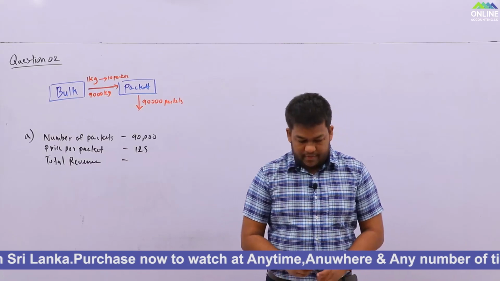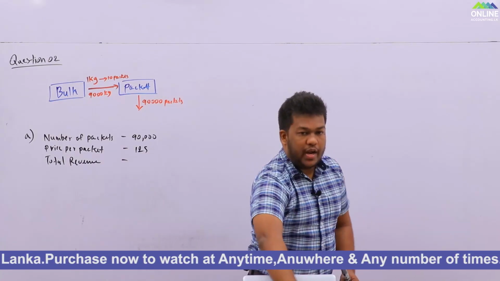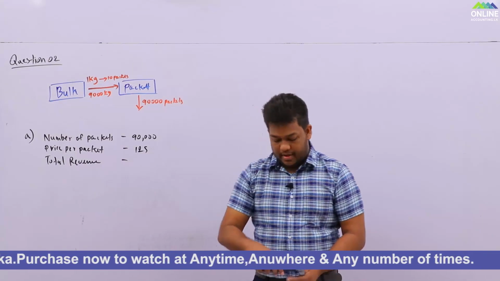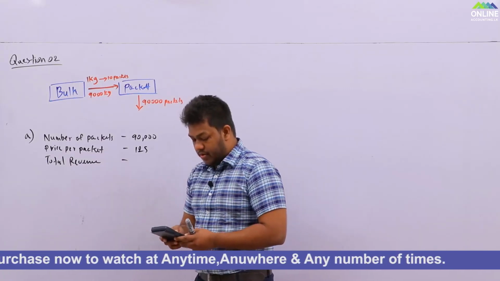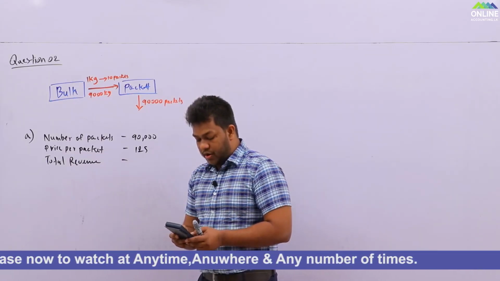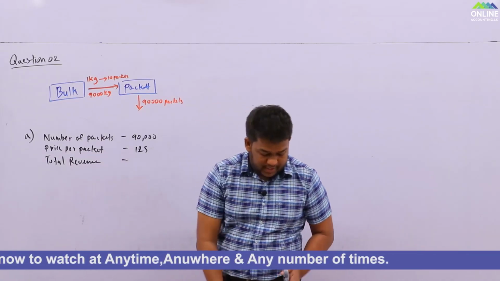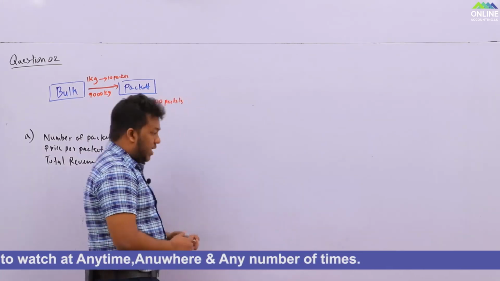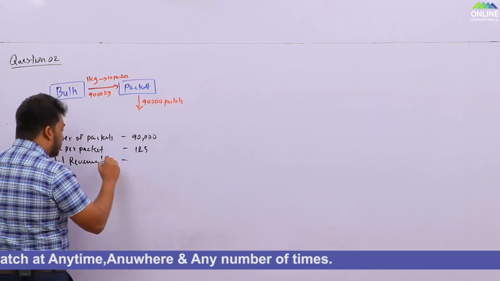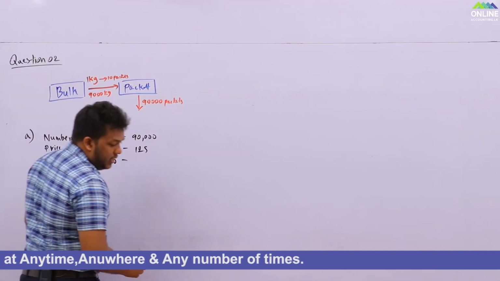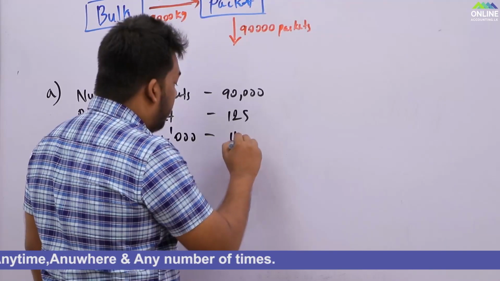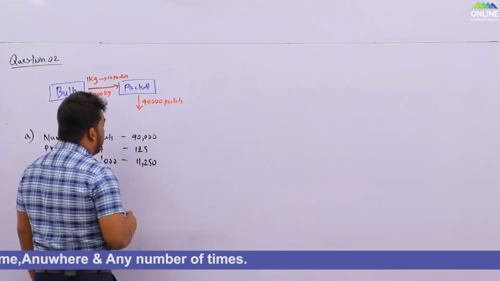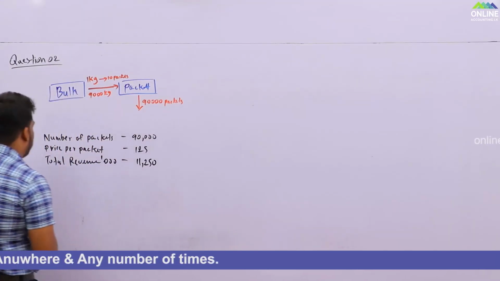you get the calculator and get the total. 90,000 into 125. We can say in thousands, that is 11,250,000.